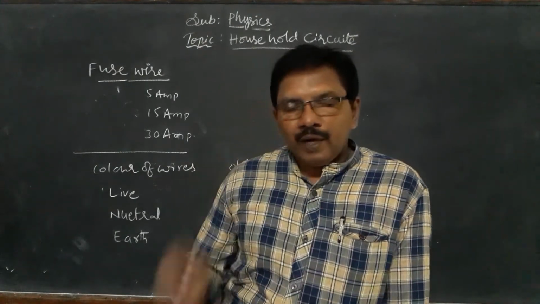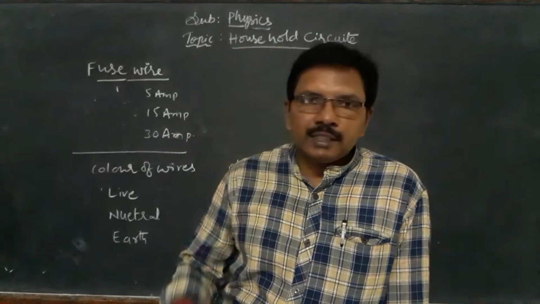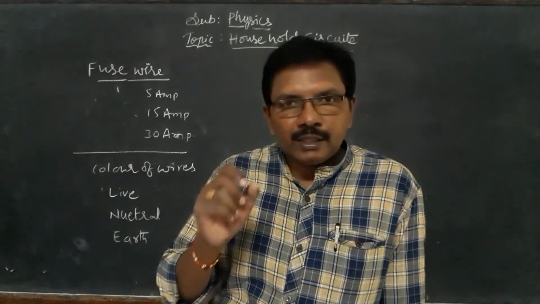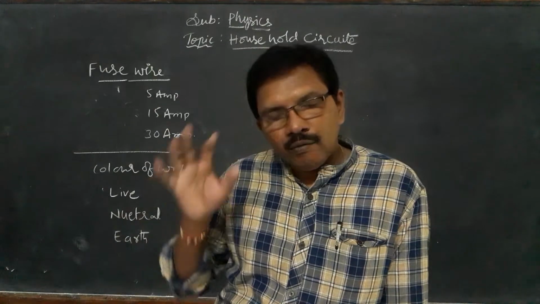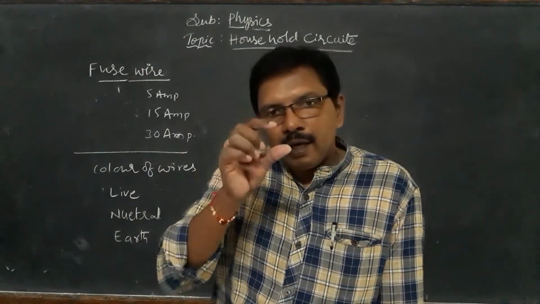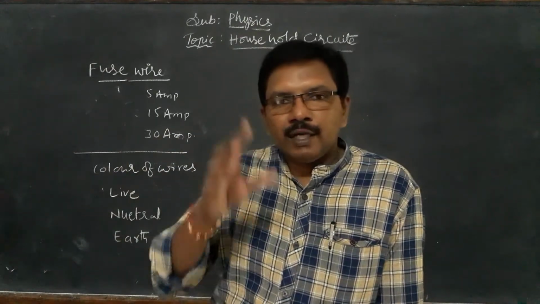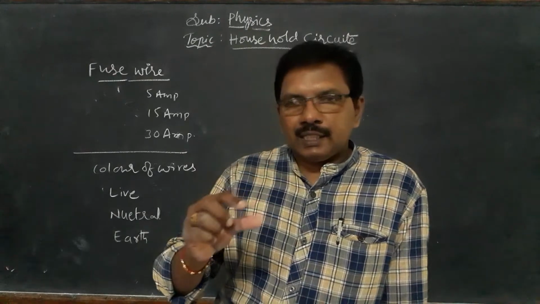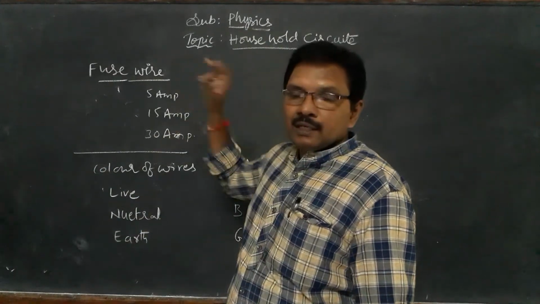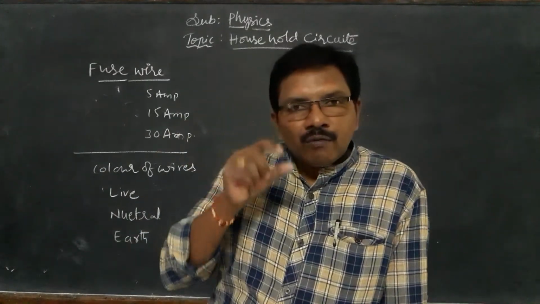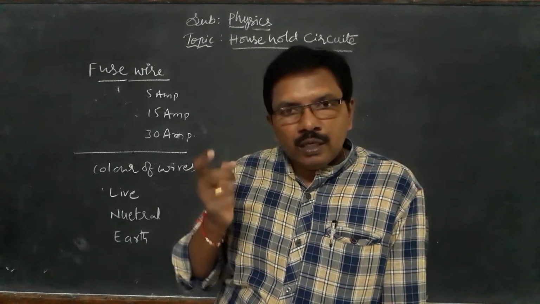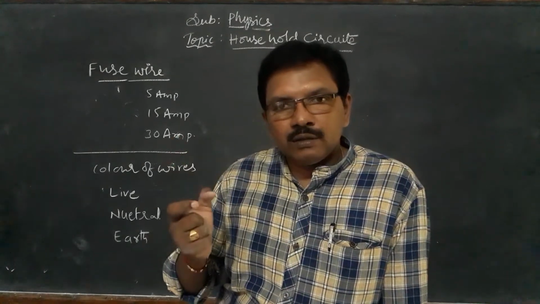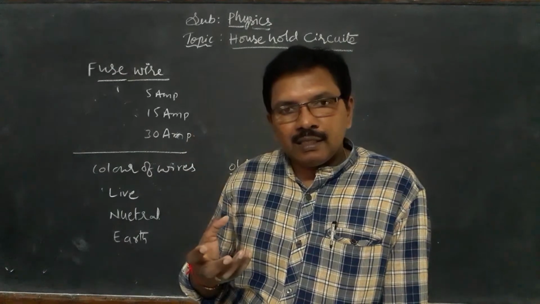So a 5 ampere wire, that means a thin wire, is enough. A 5 ampere current is enough for a bulb and fan. Then some more thickness, a 15 ampere wire. Why? Fridge, cooler, washing machine need some more current.